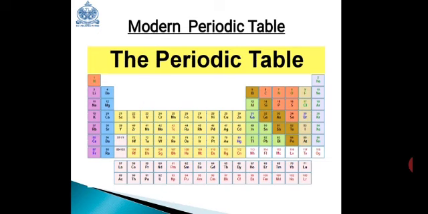At the bottom of the periodic table, there are 14 elements which are called the lanthanide series and actinide series. The elements on the right hand side of the periodic table are representative elements, and on the left hand side are also representative elements or main group elements. In the center you have the transition elements, the whole yellow part.